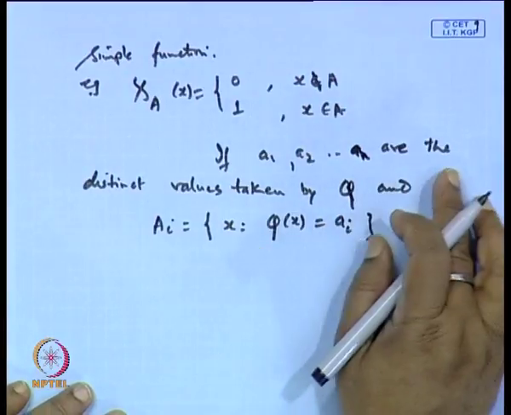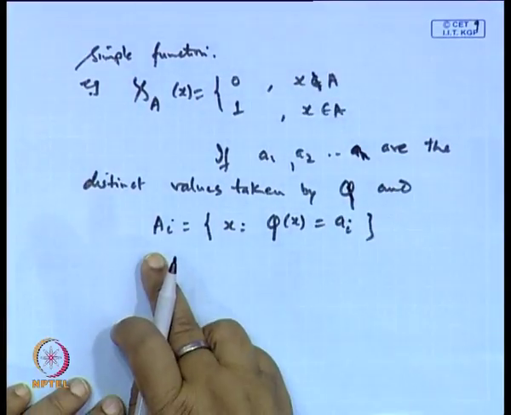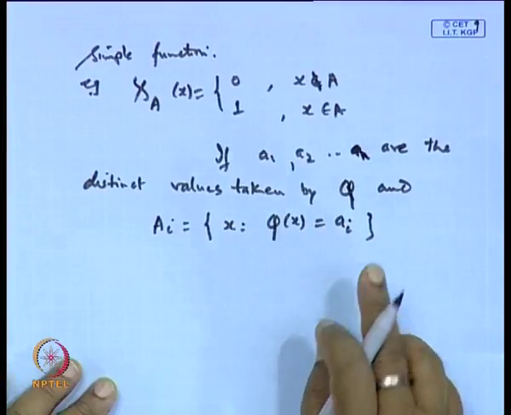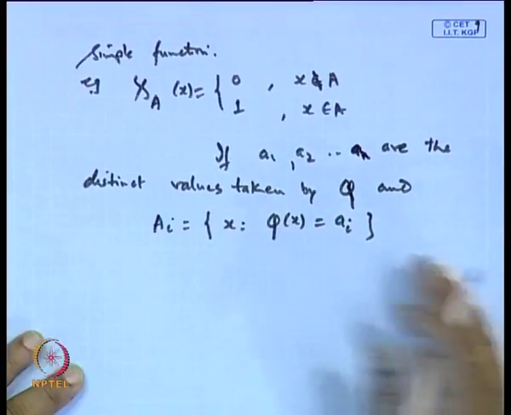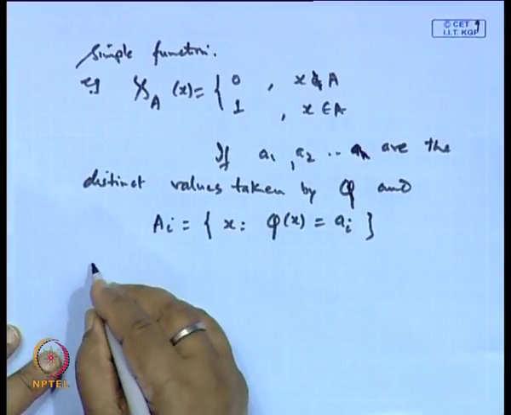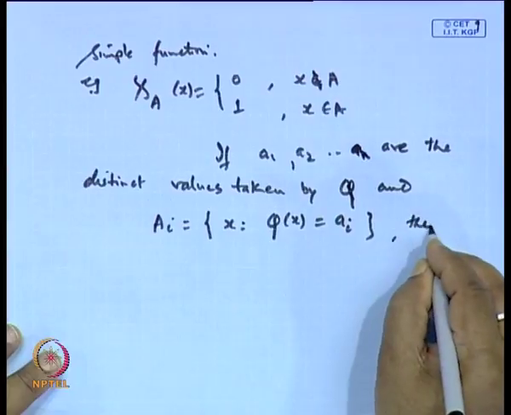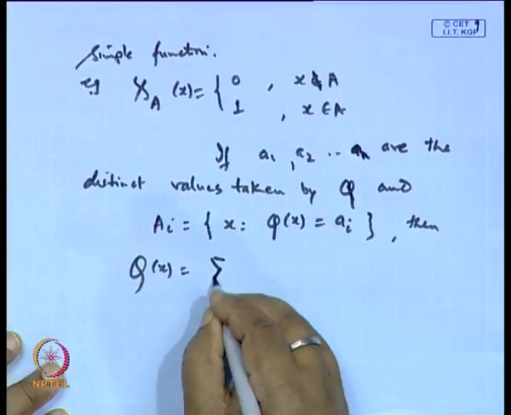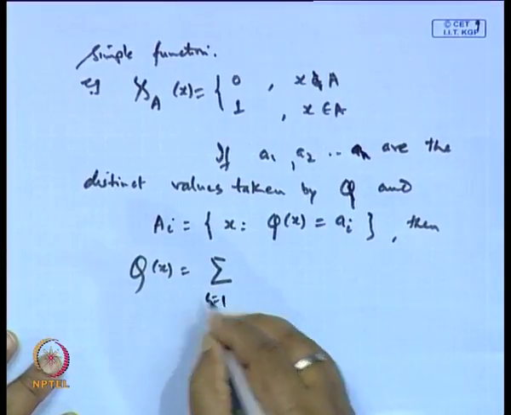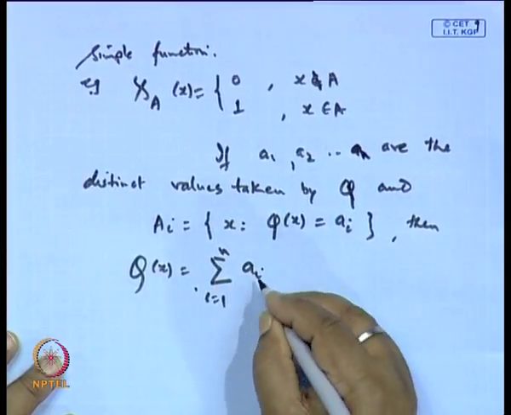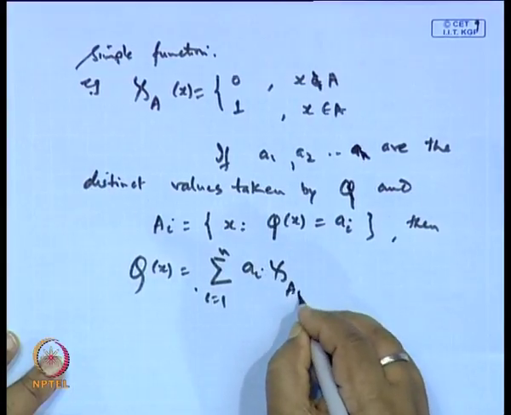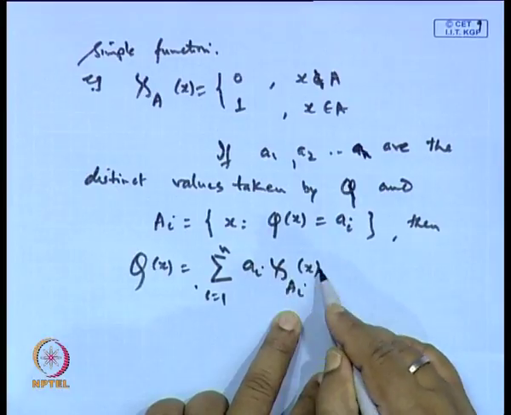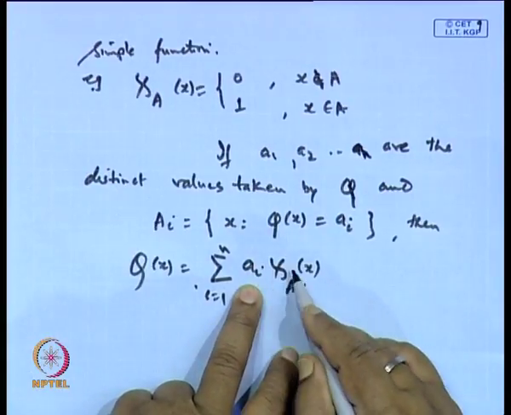So, a 1, a 2, a n are distinct values, then we are getting the corresponding sets A 1, A 2, A n, which are also disjoint sets. Hence phi of x can easily be written in the form of the finite sum, i is 1 to n, a i times the characteristic function of A i at x, because when x belongs to A i, the value of this comes out to 1 and only a i will be there, the rest will be 0.